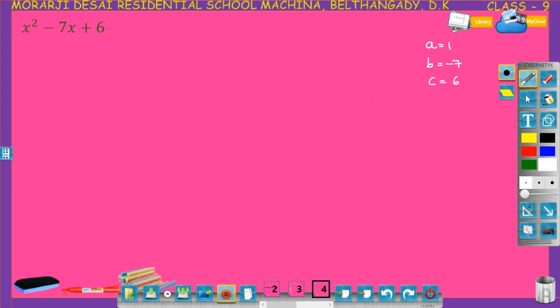Now multiply A and C, that is A into C is equal to 1 into 6, that is 6. So we have to find two terms by splitting method. We have to find two numbers such that their product is plus 6 and sum is minus 7.